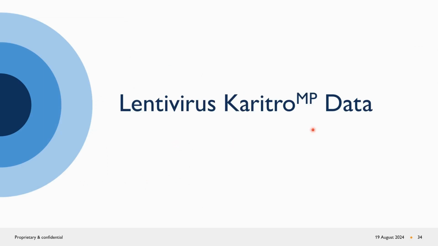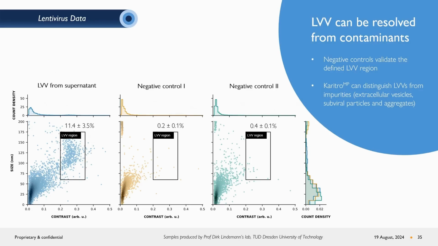As shown in the previous example, lentivirus samples tend to be quite heterogeneous, and therefore our question was how can we identify and distinguish lentiviruses from contaminants. In this example here, we are comparing a lentivirus sample from the supernatant with two negative controls. We are observing the presence of a population in this gated region in the lentivirus sample on the left.